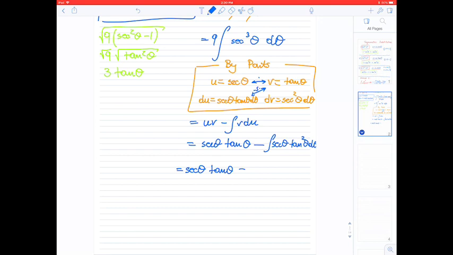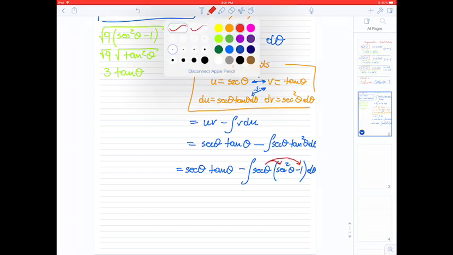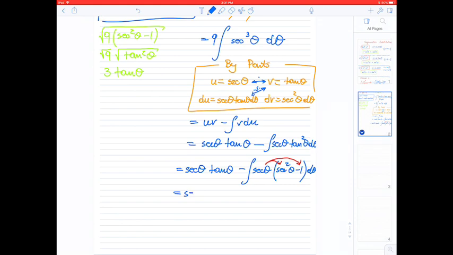I don't know if I can solve it through u substitution, but what I will try is to rewrite tangent squared as secant squared theta minus 1. Then I will distribute secant. I hope we will get something. Secant theta tangent theta, and then we do have secant cubed again, and minus just secant.